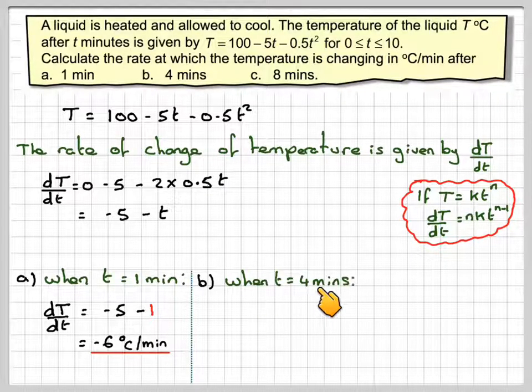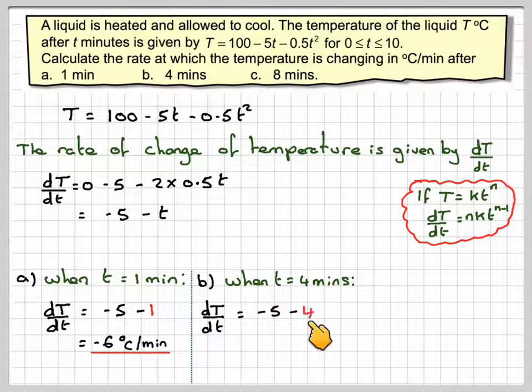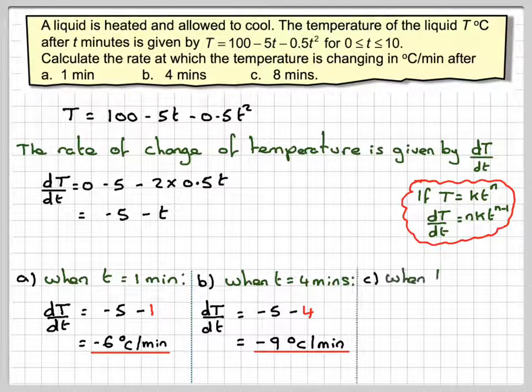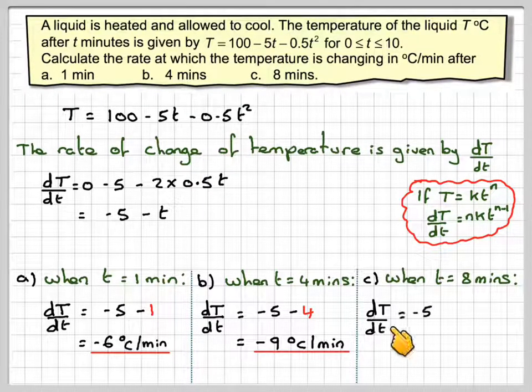When t is equal to 4 minutes, dT by dt is going to be minus 5 take away 4, which is going to give me minus 9 degrees C per minute. And when t is equal to 8 minutes, dT by dt is going to be minus 5 minus 8, which gives me minus 13 degrees C per minute.